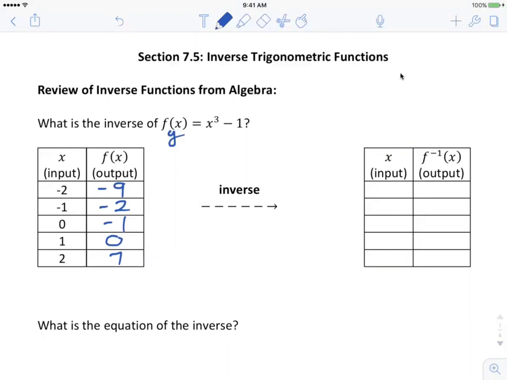So outputs become inputs, inputs become outputs. So if I'm going to create a table of inputs and outputs, my inputs are now those values, and the outputs are the inputs from the other table. Okay, and then I've created a table for my inverse.